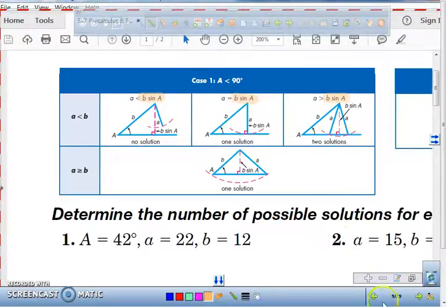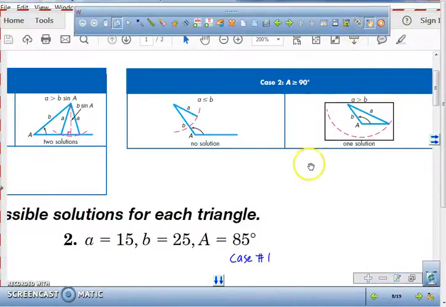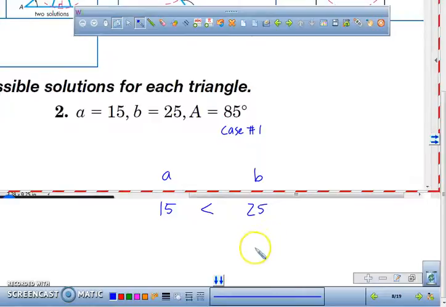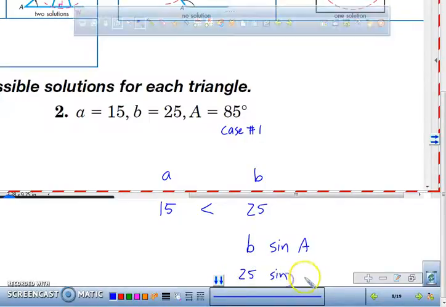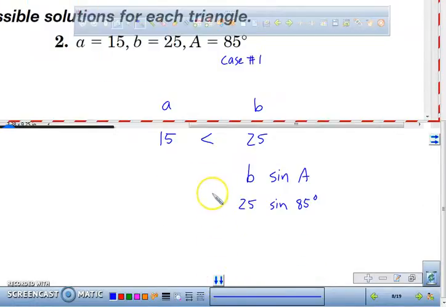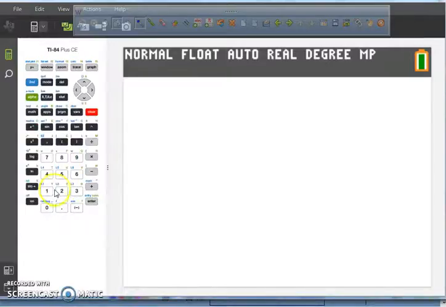So you have a graphing calculator. So right now what we're going to do is we're going to write in B times the sine of A. Our B value is 25. Angle A is 85 degrees. And we got to see how these compare. So go to your calculator.